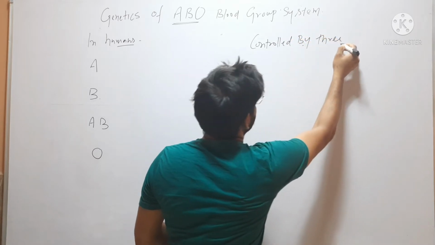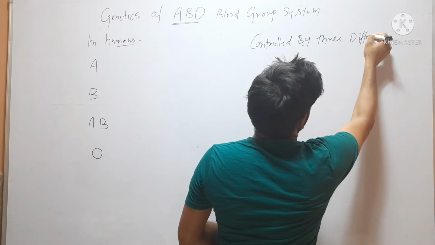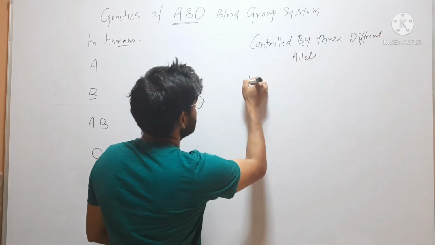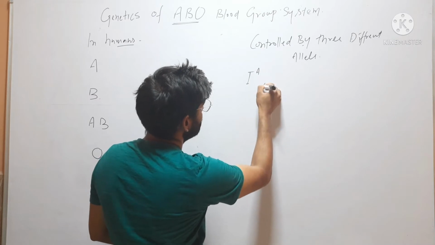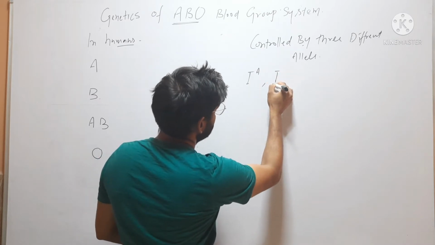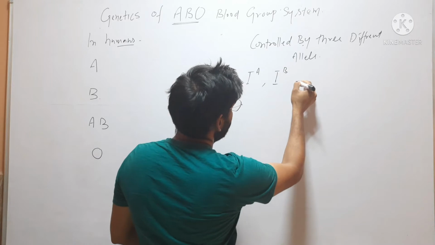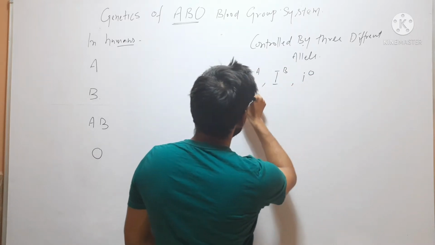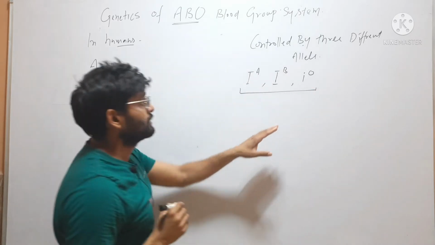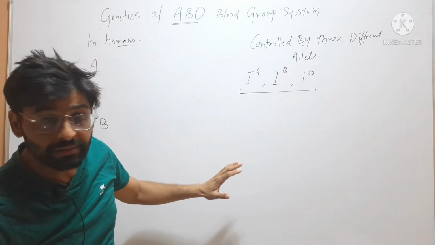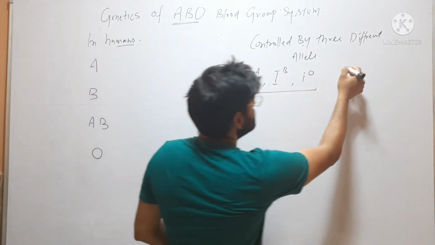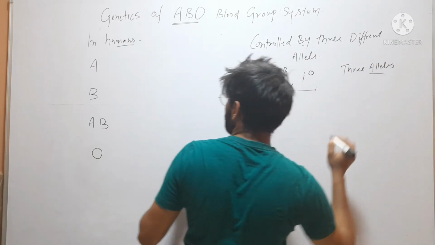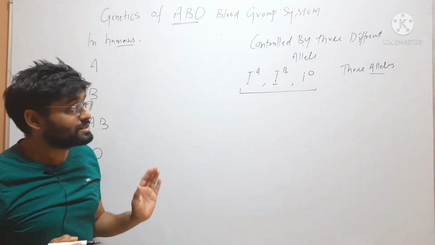three different alleles, that is IA, IB and small i naught. So in the human population there are three alleles for ABO blood group system.